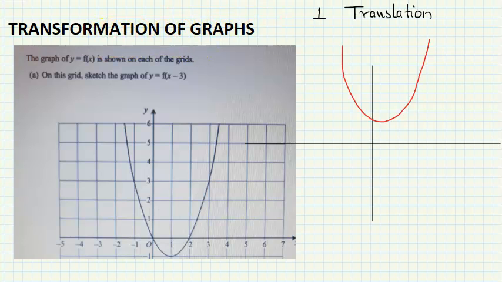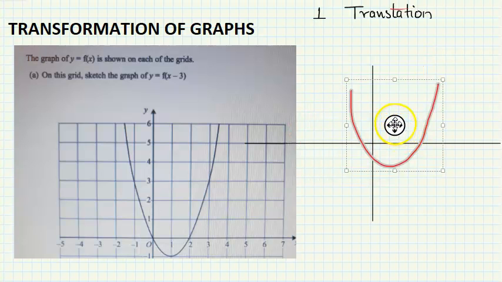Then in the translation of the graph, this graph will keep shifting. It can go in the positive side of x, negative side of x, negative y, or positive y. The shape will remain the same, only the graph will keep on moving.